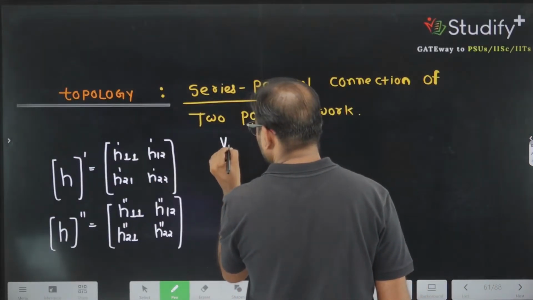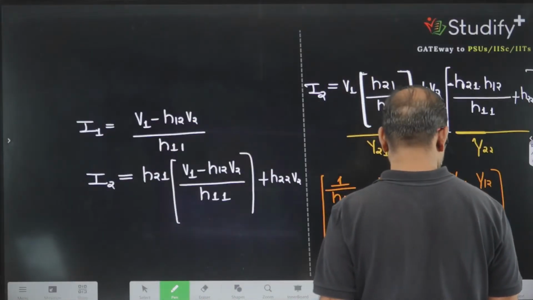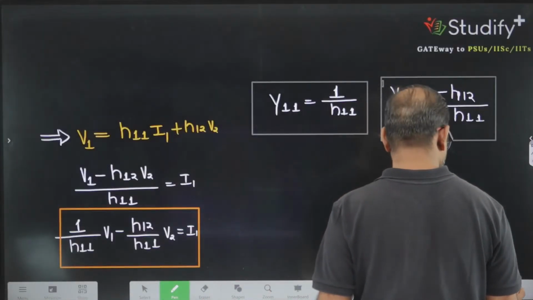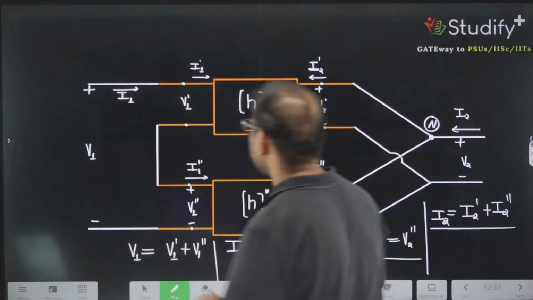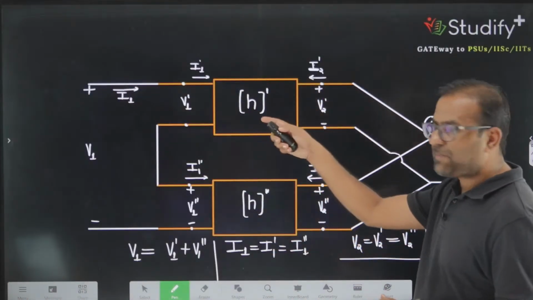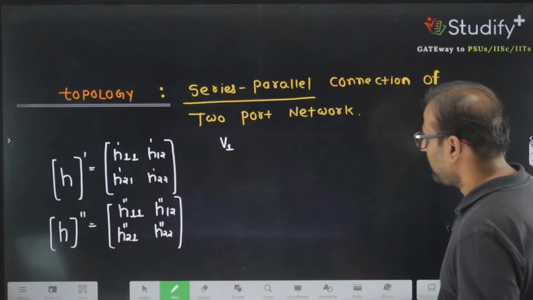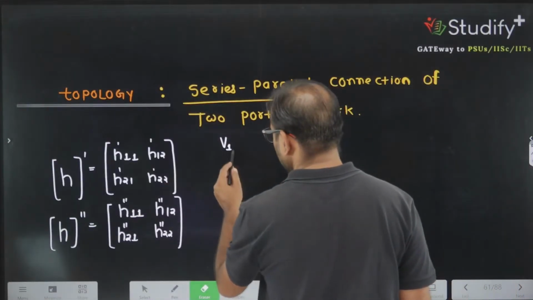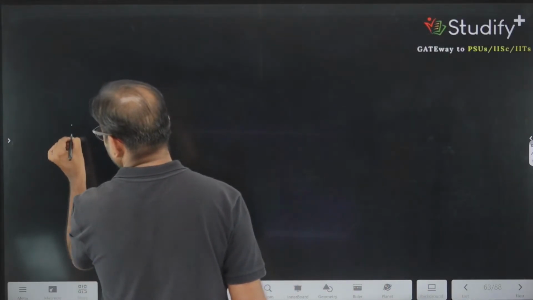So the first equation will look like this: V1 and I2. For the first, I can write V1 prime, I2 prime. Or let me write it on the next page.